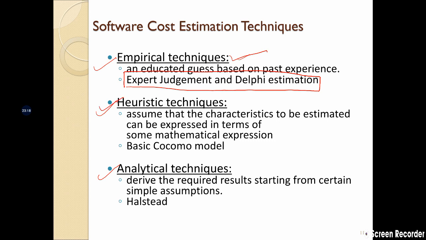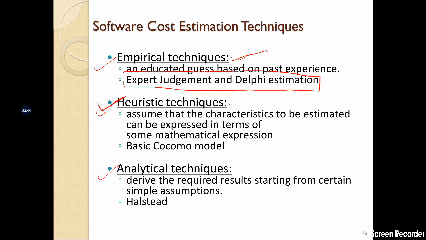The second one is heuristic. In heuristic, you have some kind of mathematical equation where you can put in the data and get a cost. Whenever we talk about heuristic, we talk about quantifying whatever you are trying to quantify on the basis of a mathematical expression or formula.